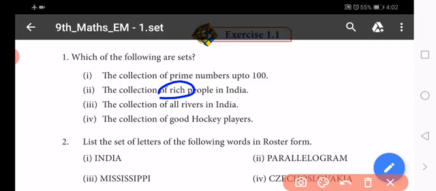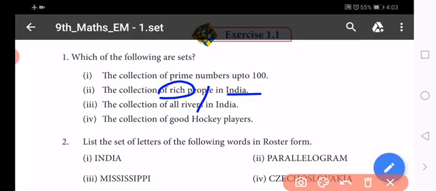We can mention some names, Ambani, Sachin Tendulkar, so many names we know, but there is no criterion for how much money.